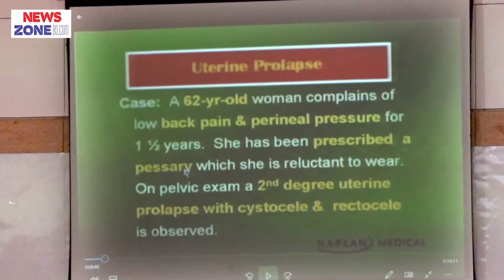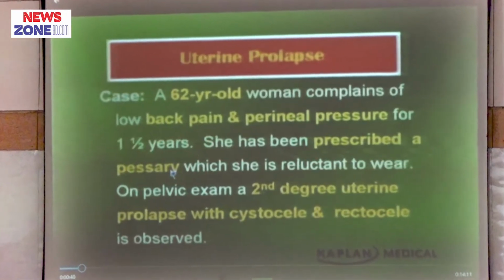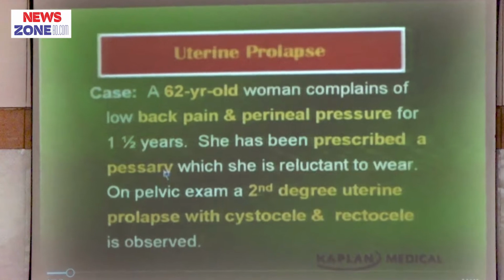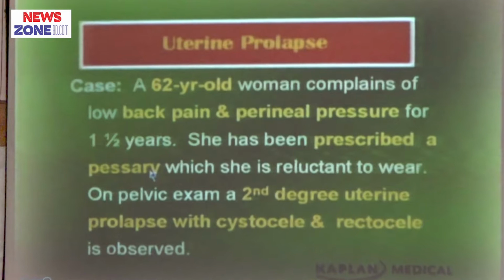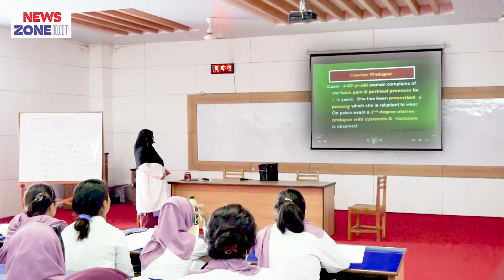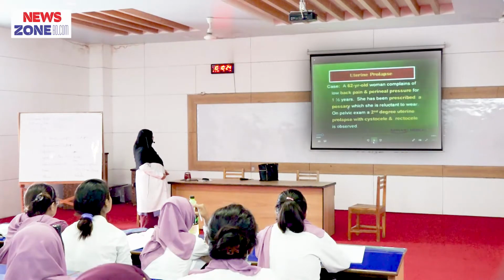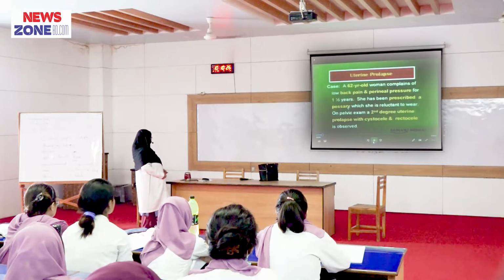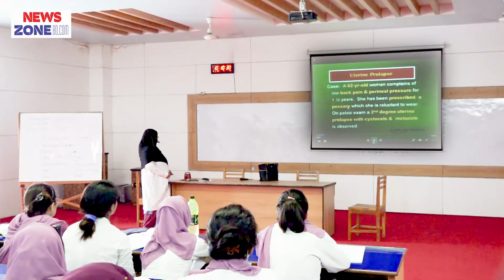What is written? A 62-year-old postmenopausal woman complains of low back pain and perineal pressure for 1.5 years. She has been prescribed a pessary which she is reluctant to wear.